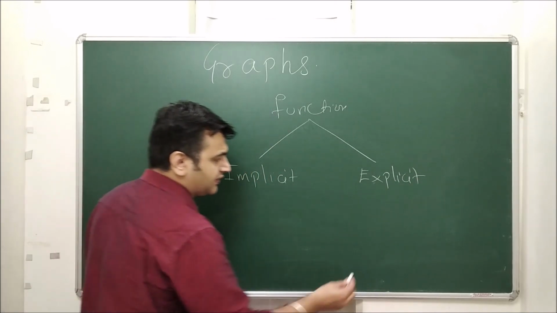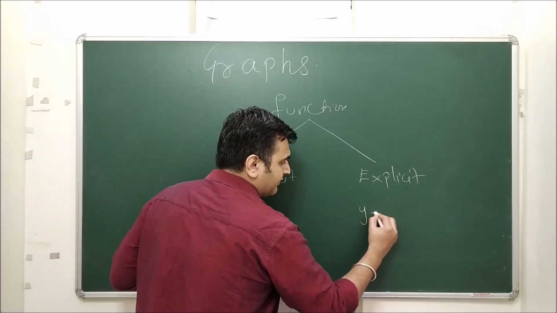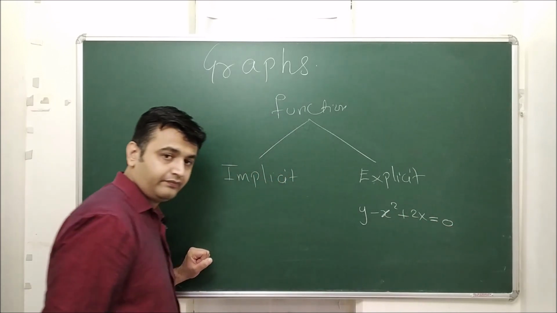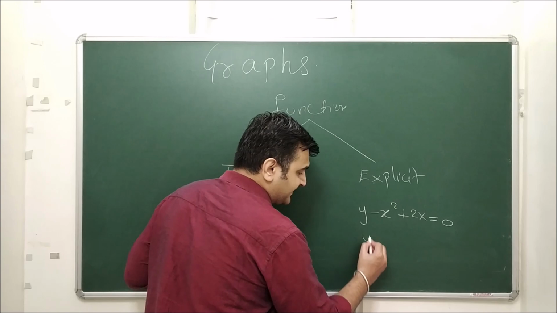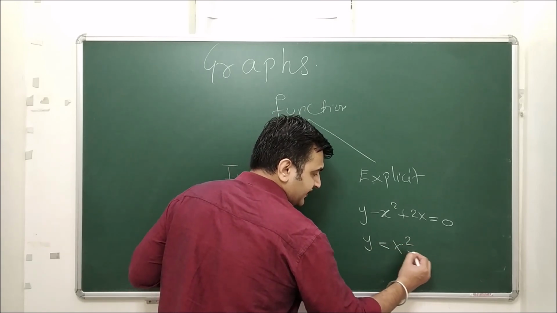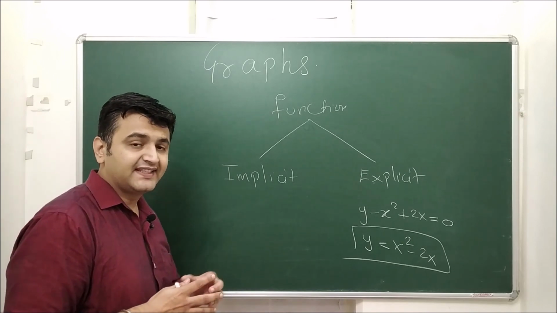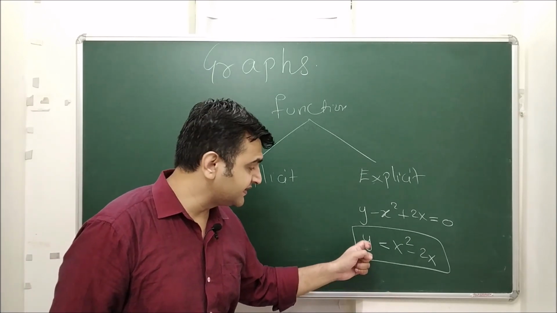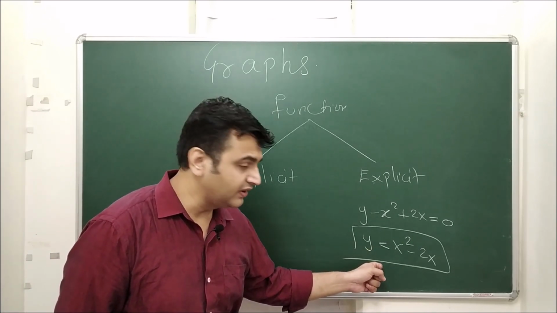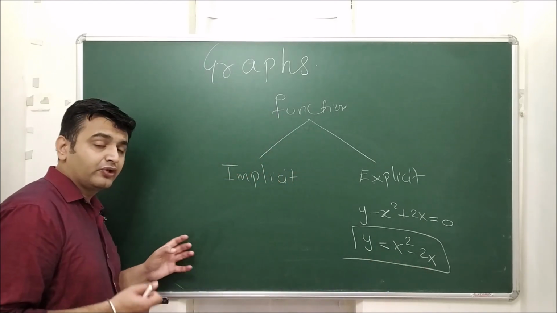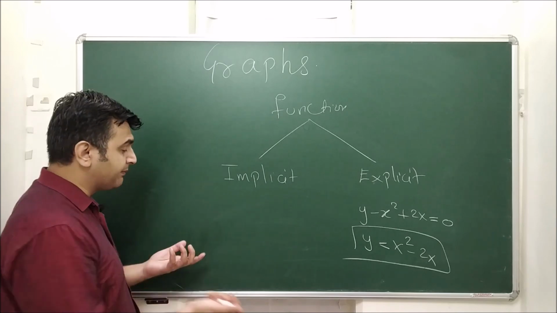Suppose you have y minus x square plus 2x equal to 0. If you are able to express your y in terms of x, then such functions are called explicit functions. That means you can explicitly write your dependent variable in terms of the independent variable. Implicit means you cannot separate your independent and dependent variables.